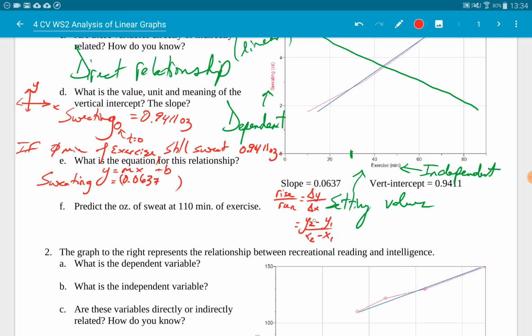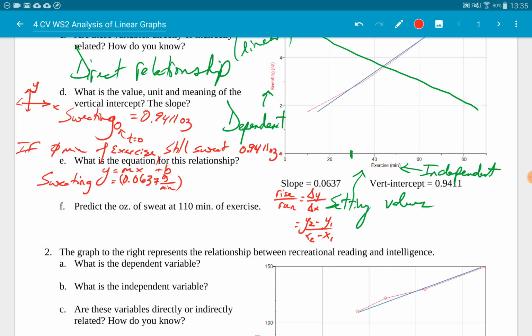If I was taking the difference of y values, that's the difference of ounces. And I would divide that by the difference of my x variable, which is, in this case, in minutes. So then this thing is just ounces divided by minutes, just like when I go and put in those actual numbers. Those numbers would have these units on it, so it's ounces per minute. Okay, and so this whole thing is your m there.